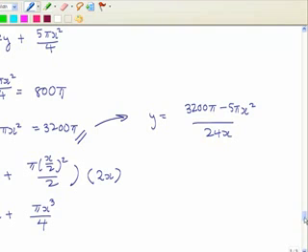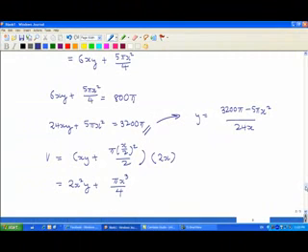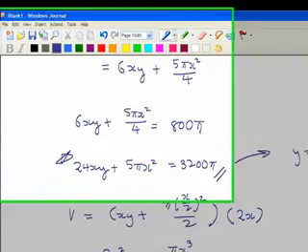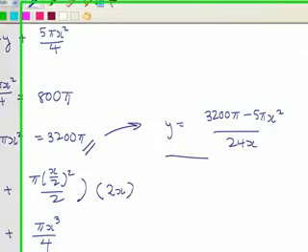Good. So now that I have this, you look at the question. The question wants me to leave the expression in terms of x only. So what to do? We have this equation, and we can see that we can make y the subject.